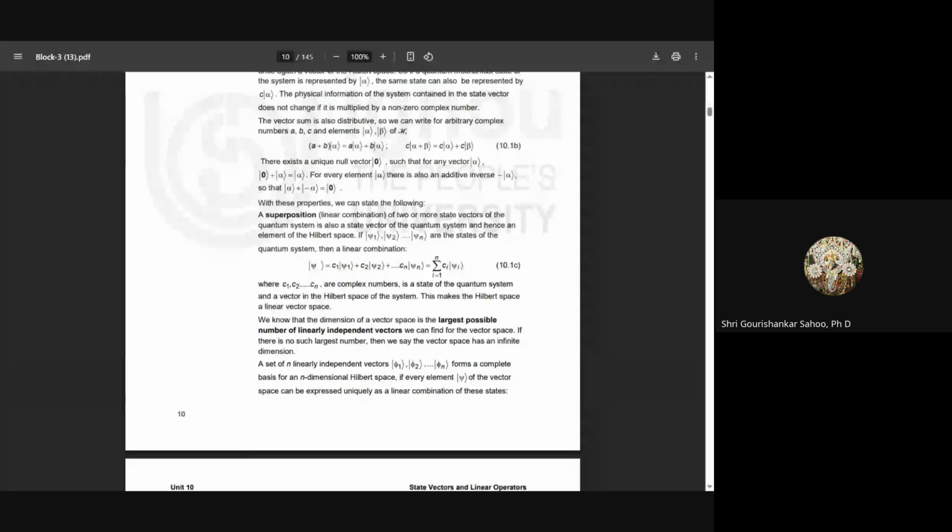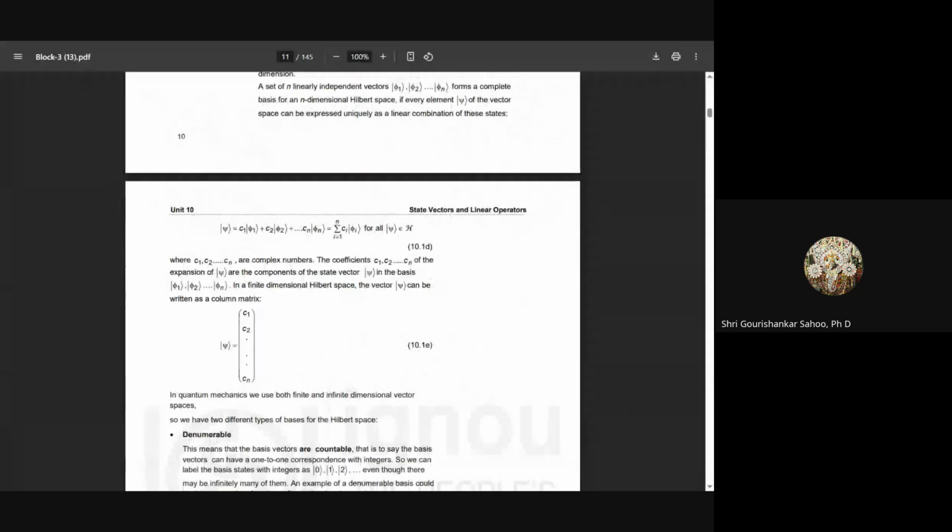And a set of n linearly independent vectors, phi 1 ket, phi 2 ket, and so on up to phi n ket, forms a complete basis for an n-dimensional Hilbert space if every element psi ket of the vector space can be expressed uniquely as a linear combination of these states. So you can see on the screen, psi ket can be represented by C1 phi 1 ket plus C2 phi 2 ket plus and so on plus Cn phi n ket.